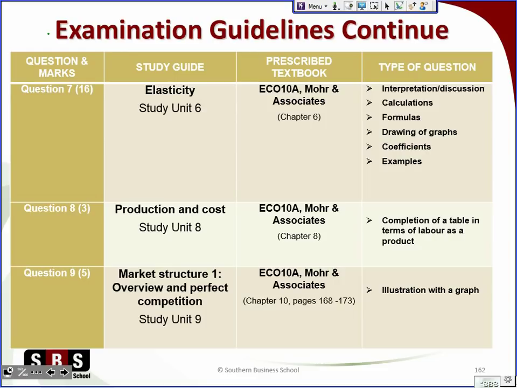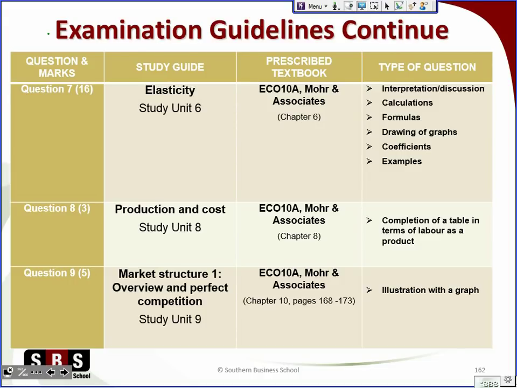And there will be formulas that you have to write down. The drawing of the graphs, we saw that in the assignment, not necessarily the same. You may be given graphs and interpret it from there. But if you do the assignment, you'll more or less know what it looks like and what is expected of you. And you must know the coefficients.